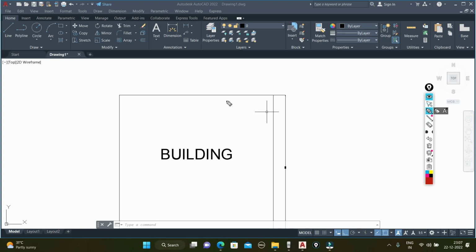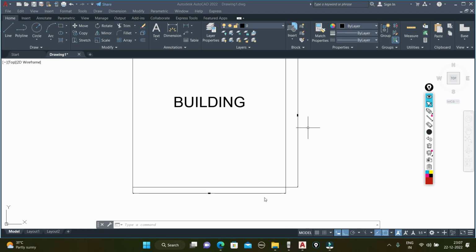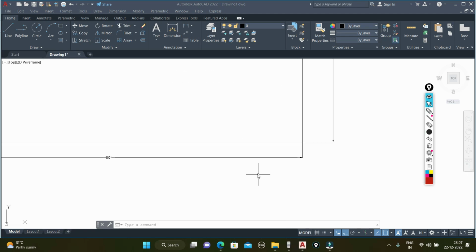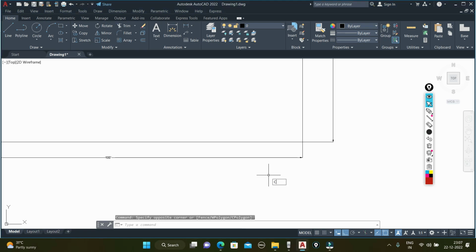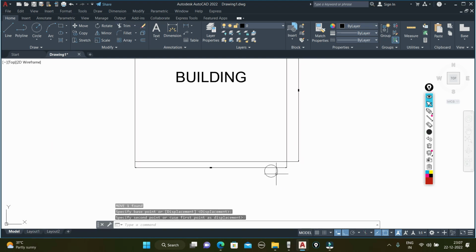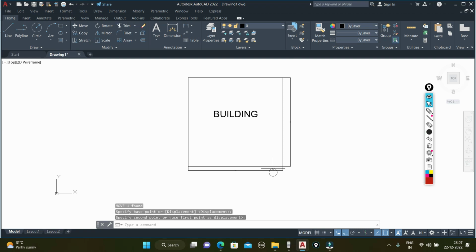If our main branch pipe is here, then our remotest area will be this side.